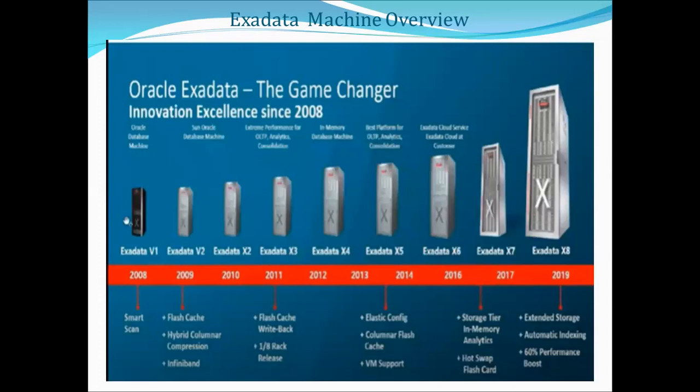So these are the versions of Exadata machine: Exadata V2, X2, X3, X4, X5, X6, X7, and X8. In each version, there is some specific feature. In the start, Exadata added Smart Scan. Later, they added Flash Cache, Hybrid Columnar Compression, and InfiniBand. We will discuss these features in detail.